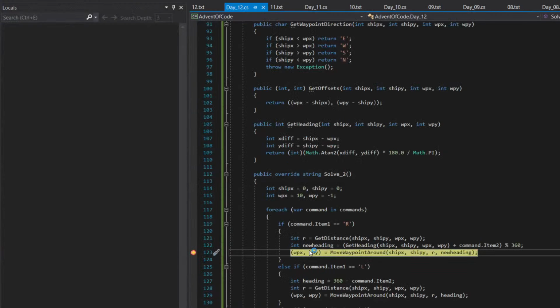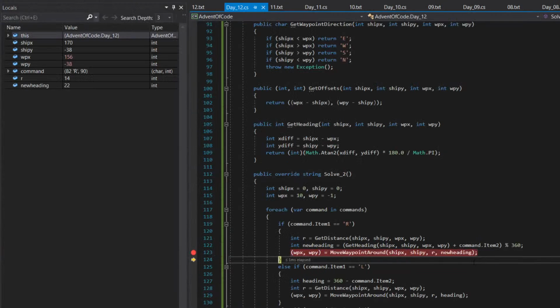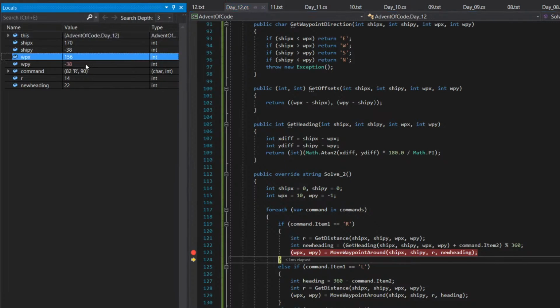Yeah, let's try this out first and then fix right or fix left. So we got 156 and negative 38.